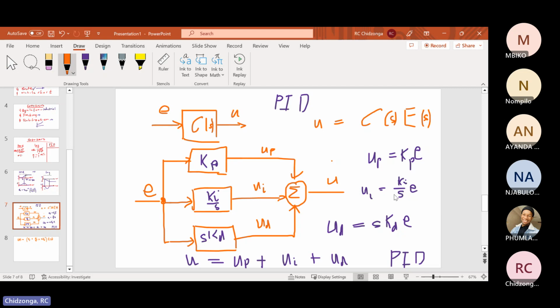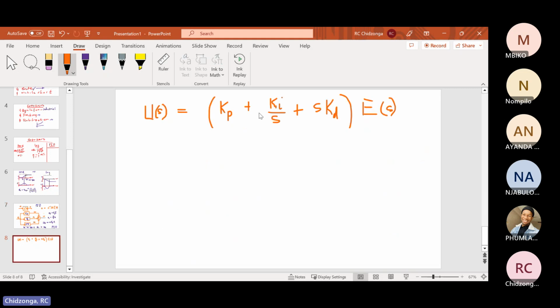Remember, integration in the Laplace domain is 1 over S. That's where that S is coming from. And then derivative, d dt is S, and this UD is proportional to the derivative of the error. So putting those 3 signals together, we can come to this conclusion here. All right? The output is these 3 components.